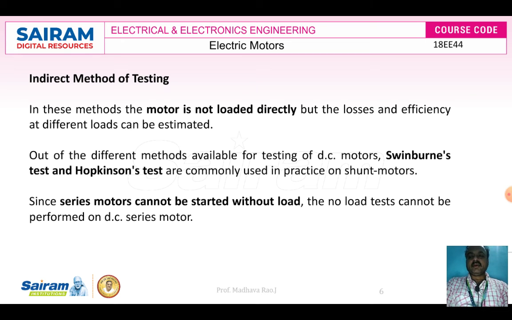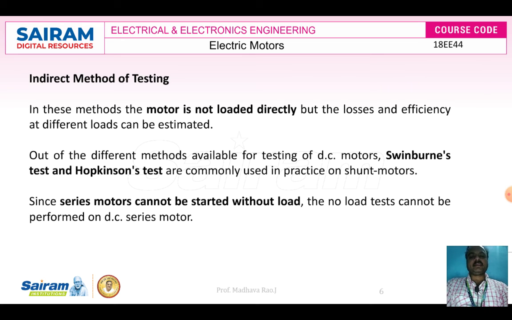Out of the different methods available for testing of DC motors, the Simmons test and Hopkinson test are commonly used in practice on shunt motors to find the efficiency.